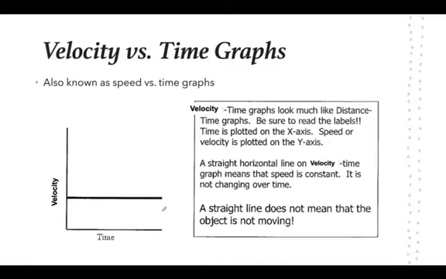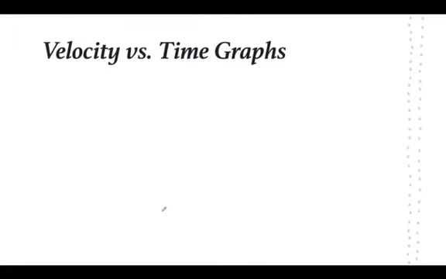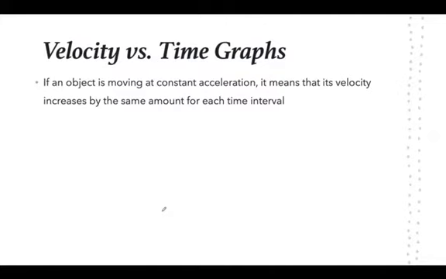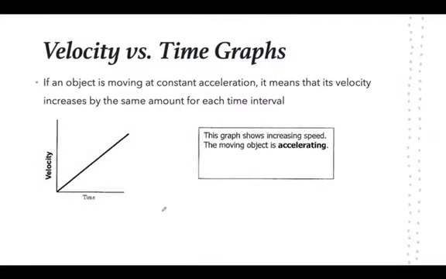Okay, so all right, now let's look at our next graph here, which is a graph where the velocity of the object is changing by the same amount for each time interval. So if I look at this graph and I look at a time interval here, I notice that the change in velocity is here.